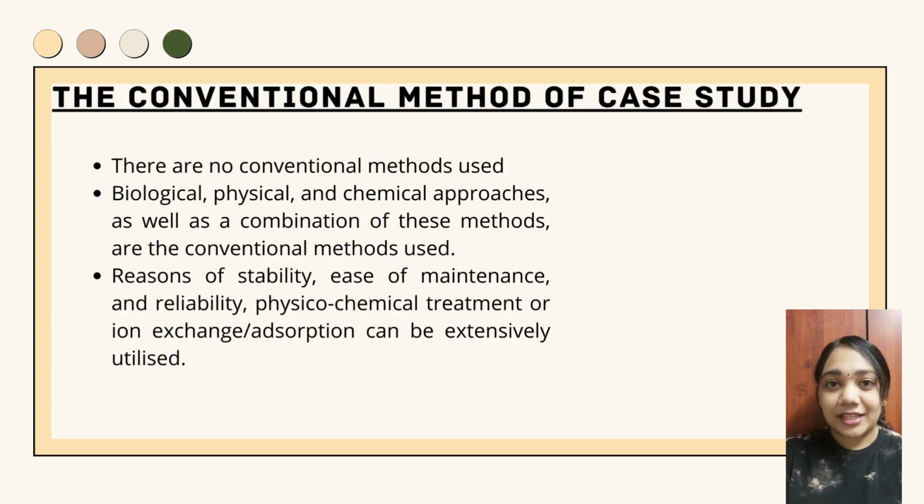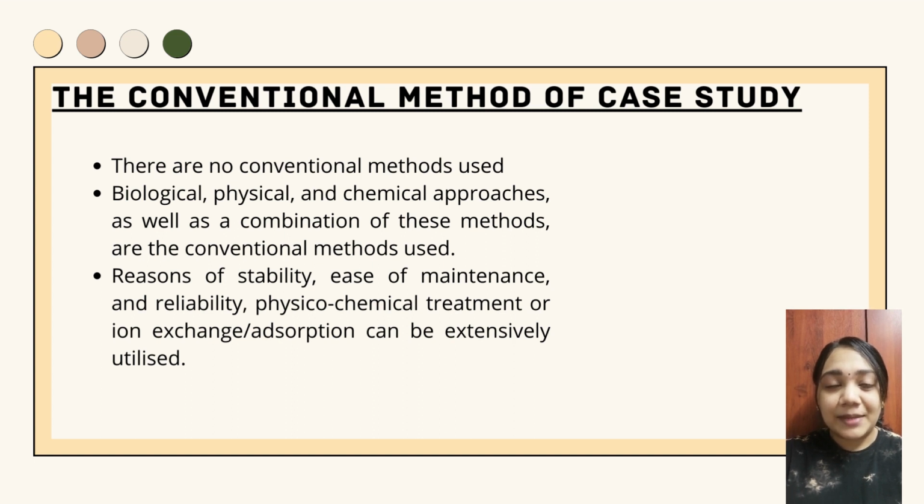Traditional method used in the case study. First of all, biological, physical, and chemical approaches, as well as a combination of these methods, are the conventional methods. From this case study, I observed that there is no conventional method used, but mostly the author focuses on microbial bioremediation to eliminate the environmental pollutants.